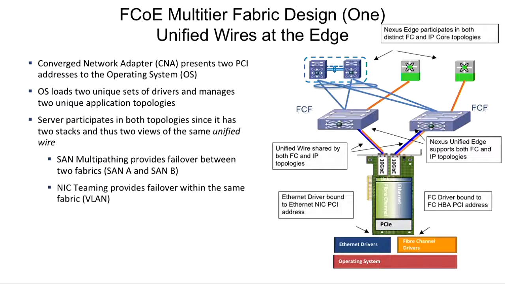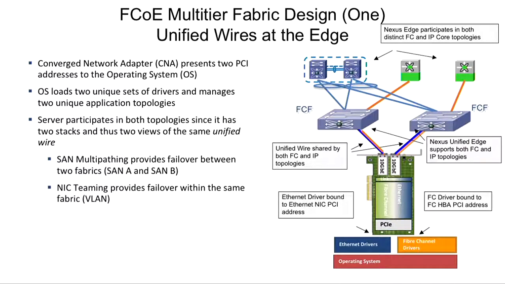And to the operating system, it actually looks like two separate physical devices that are plugged into that server, while it's really only one. So in your operating system, it may look like you have two network interface cards and two Fibre Channel adapters, when in reality, you only have one plugged into the device.